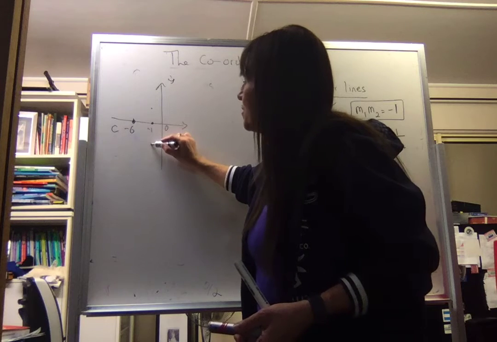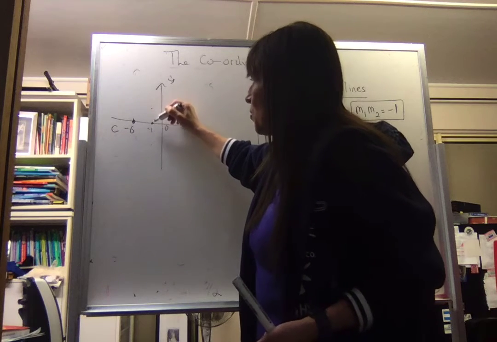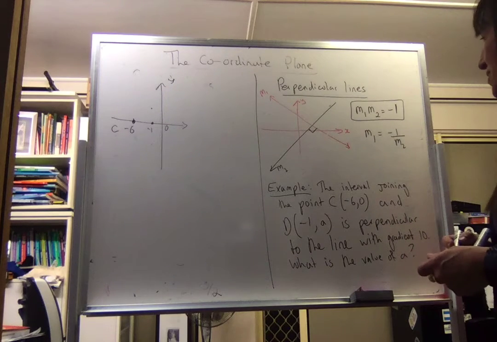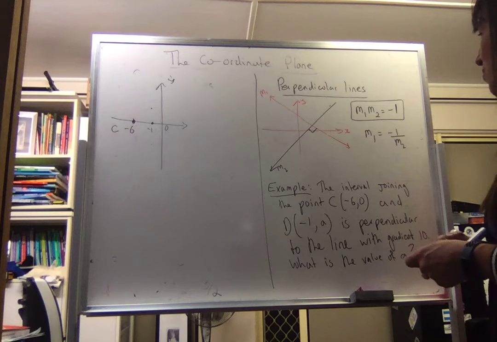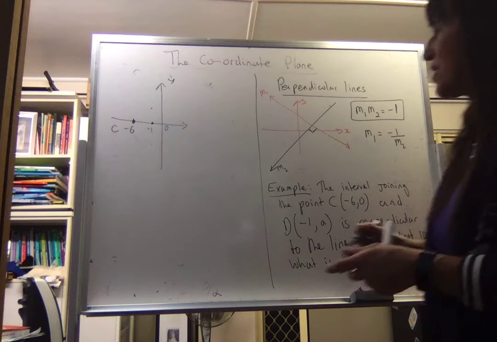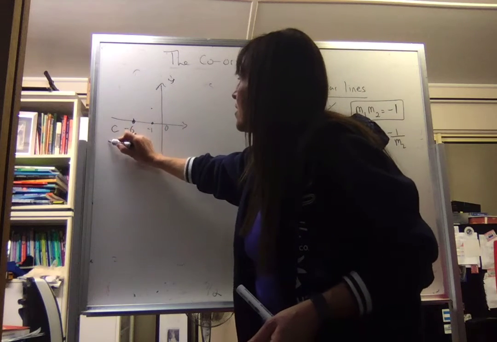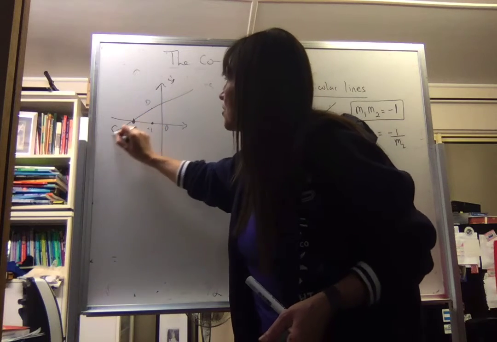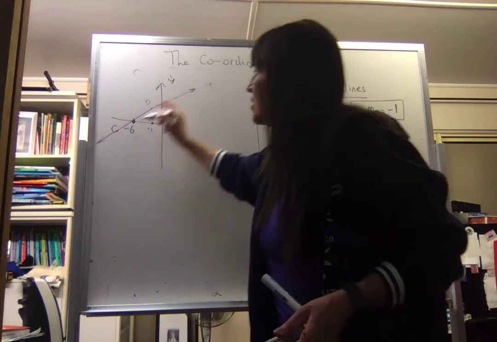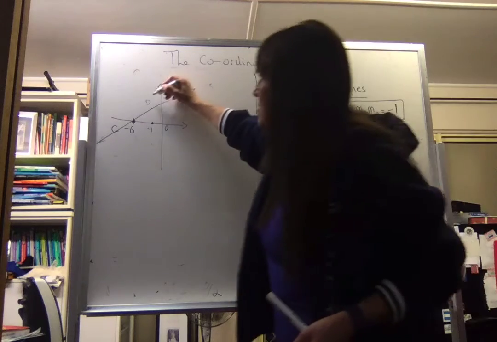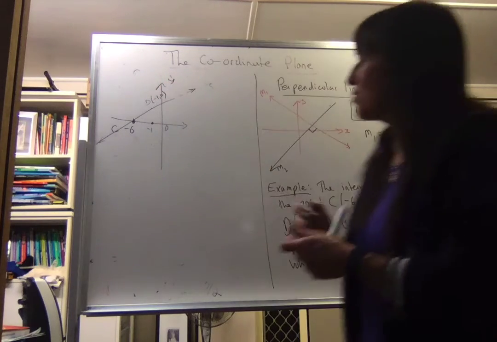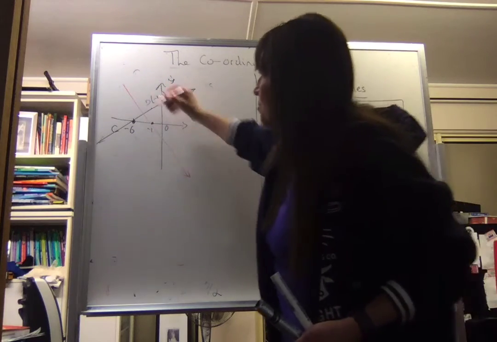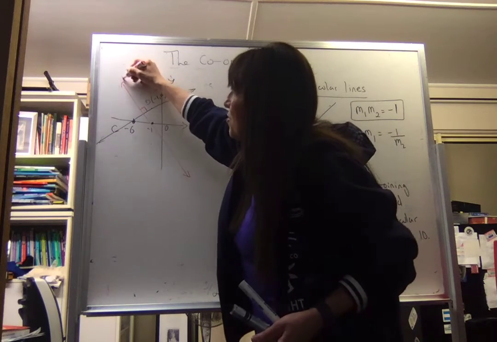It could be here, it could be somewhere over here. So this is the value that's missing. Now this interval is perpendicular to the line with a gradient of 10. So if this was a point D here, and I draw a line going that way, this interval, and I've been told there's a line perpendicular to this, so we draw another line going this way with a gradient of 10.